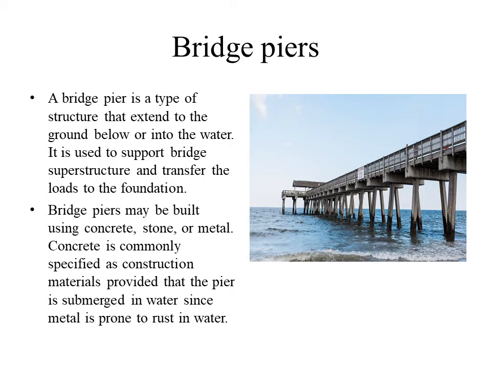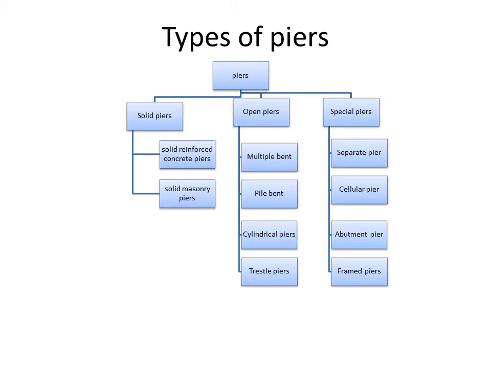And concrete is commonly specified as a construction material that is provided. Therefore, these are the types of the piers.